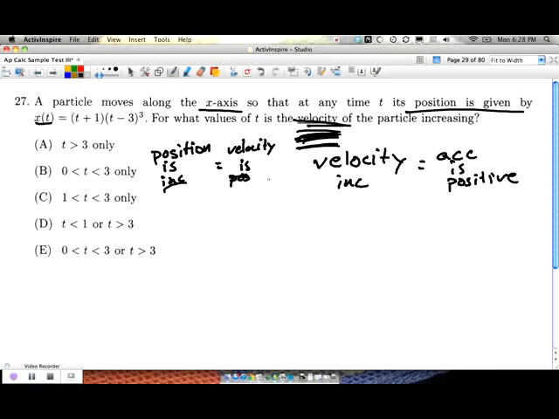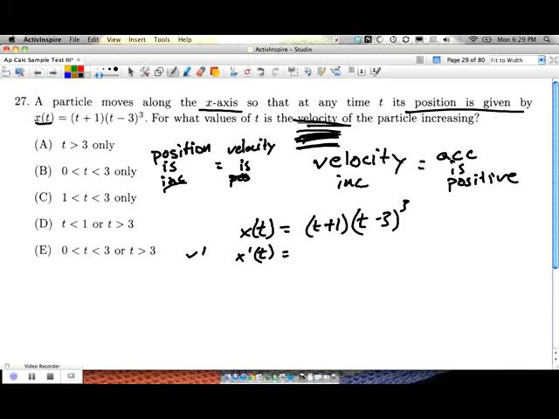So if I have x of t equals t plus 1 times t minus 3 to the third power, I'm going to go ahead and leave that as is and just do a little bit of product rule and chain rule action with it. So let's look at x prime of t, which is our velocity.